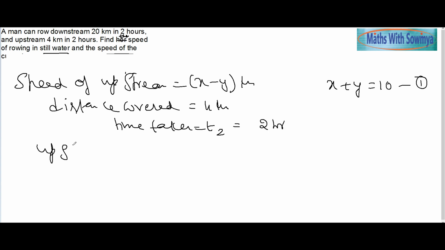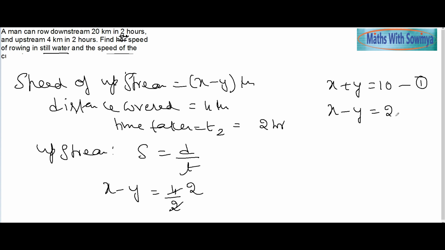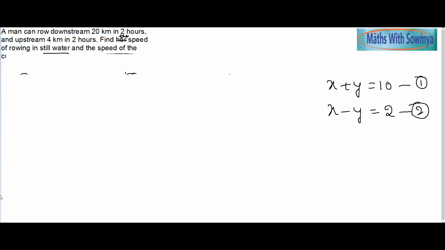So, upstream, speed is equal to distance by time. x minus y is equal to 4 by 2. So, the second equation is also ready. From equation 1 and 2, now we can easily solve this.